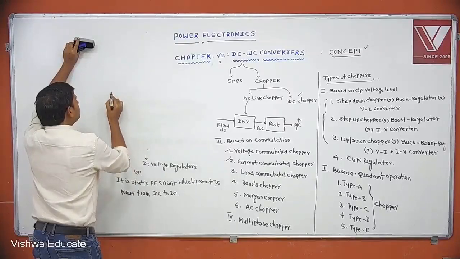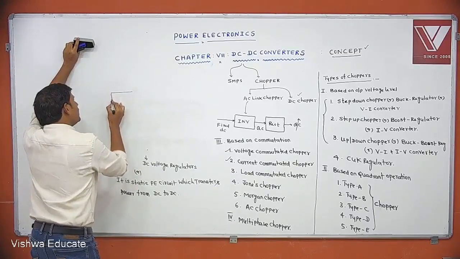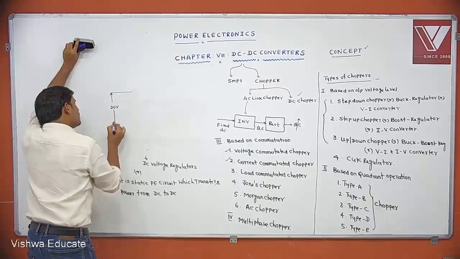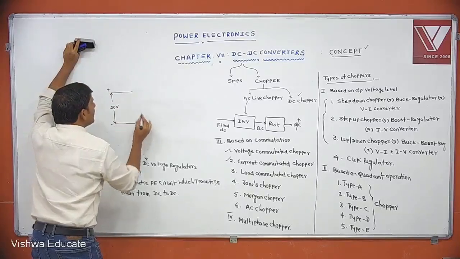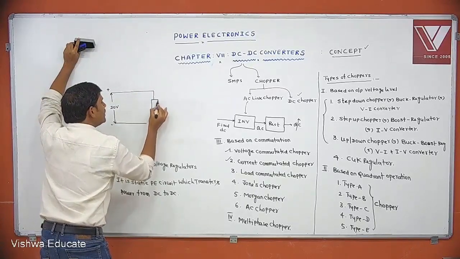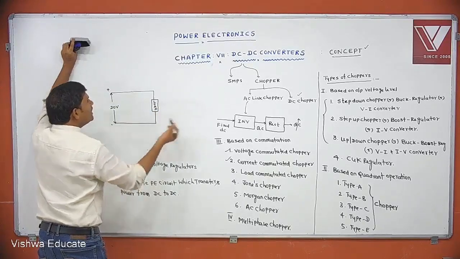For example, let us assume that the input voltage is 20 volts, a fixed DC, and it is connected to some load. What is the basic need of this DC to DC converter?